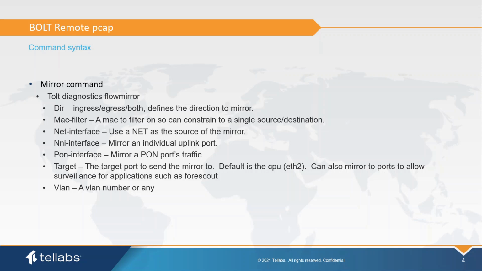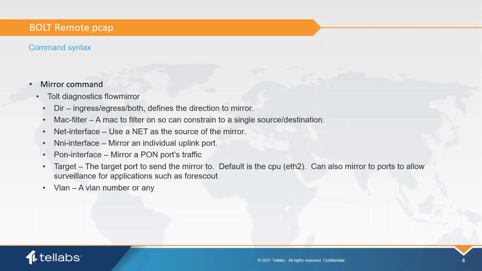Then there's also an optional MAC filter. If you want to constrain it to just one device that you want to capture, which is really a good thing to do because it limits the size of the capture, you can place that MAC filter in there so it only forwards packets that are related to a specific MAC. You can then also do one of three options.